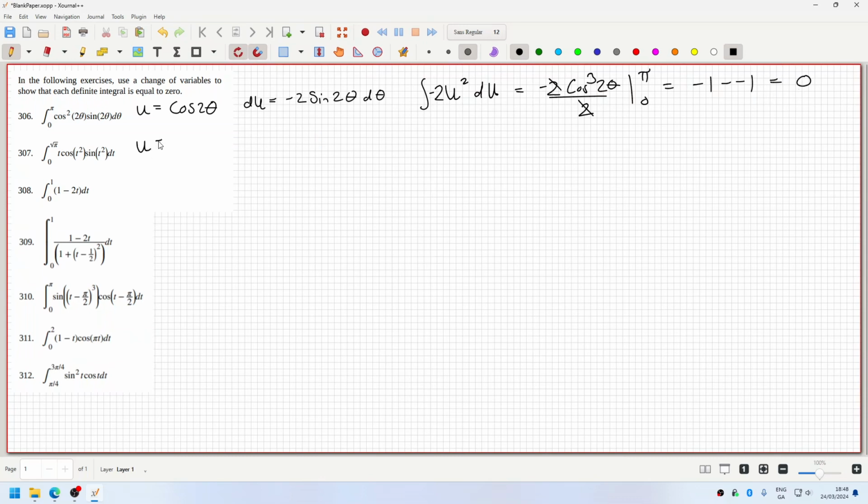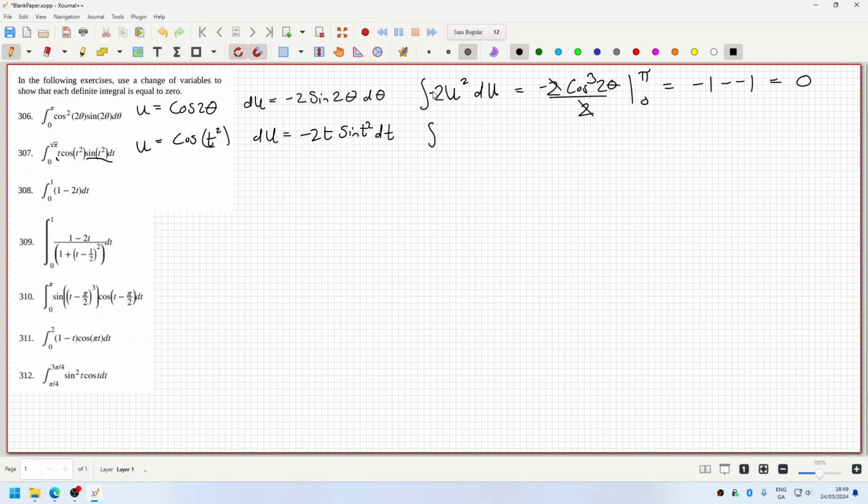Here we'll say u is cos t squared. So that means du equals minus 2t sine t dt. So the integration, the t and the sine t squared dt.